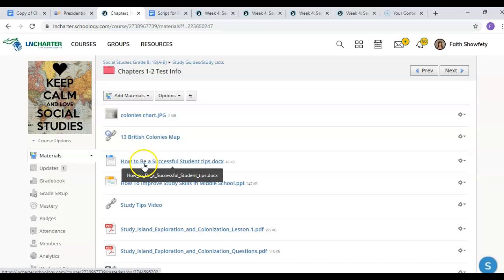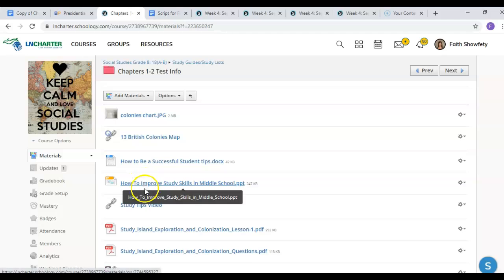The next three things are really just general pieces of information: how you can be a successful student, how to develop study skills in middle school, and a study tips video. That's really going to enhance your studying.